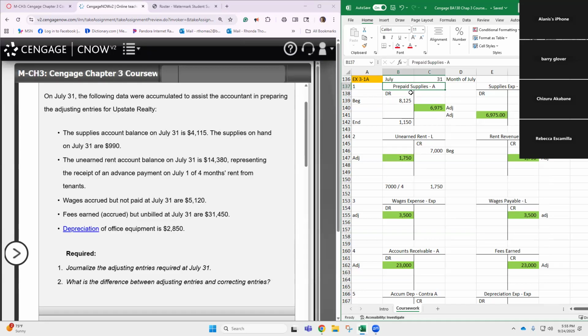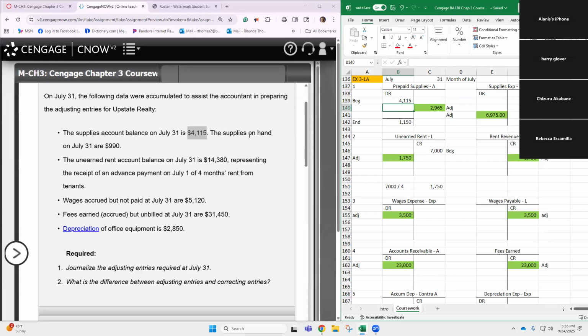So if you'll draw 2 T accounts, put prepaid supplies and supplies expense on each of those T accounts. Now I'm going to put a beginning balance in my asset account. Here we go. I've got $4,115 as my beginning balance.